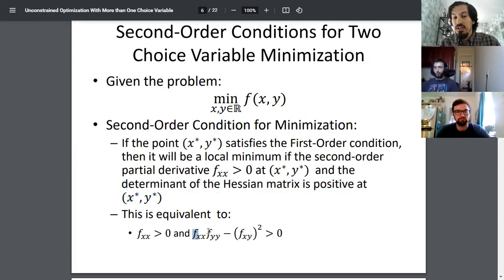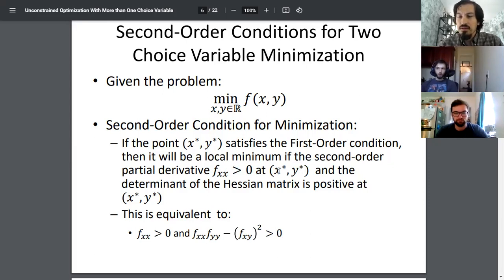What I have written here on the bottom is a way to write out the fact that the determinant of the Hessian matrix is positive when it's a 2 by 2 matrix. So the only difference between a min and a max is that for a minimum, this second order partial derivative should be positive at this point x star, y star.